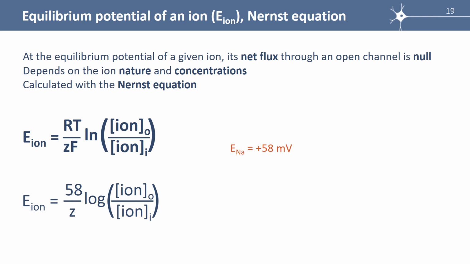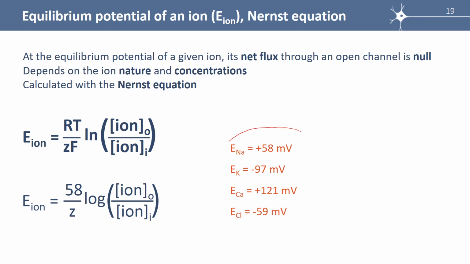It says that at plus 58 millivolts, the net flux of sodium is null. For potassium ions, the equilibrium potential is minus 97 millivolts, for calcium ions plus 121 millivolts, and for chloride ions minus 59 millivolts.